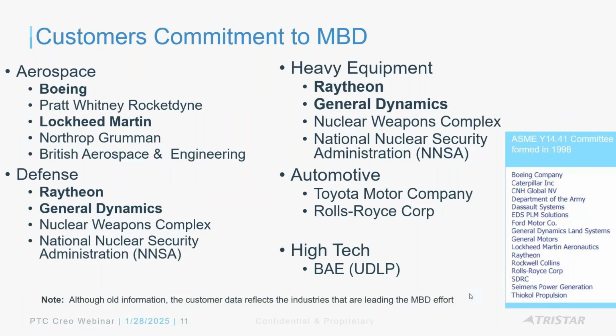And then this is a dated one, but still it gives you an idea of the different industries, whether it's aerospace, defense, heavy equipment, automotive, or high tech. Aerospace typically leads in these MBD initiatives, but you could see back in 1998, the ASME Y14.41 committee was formed. You can see the list of customers there. So it's been in the works for some time.